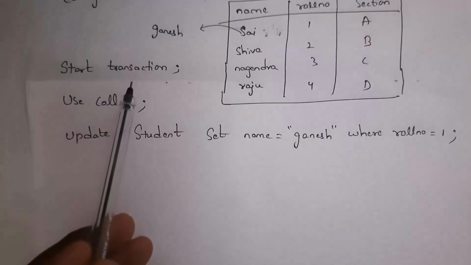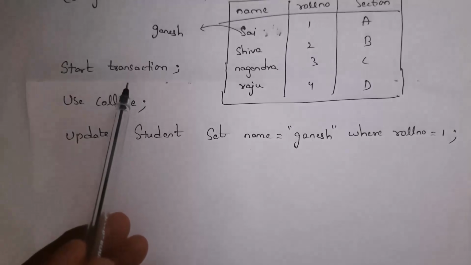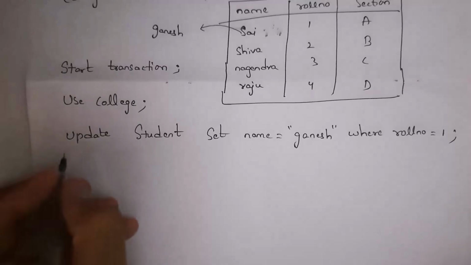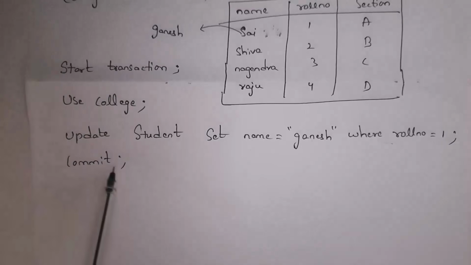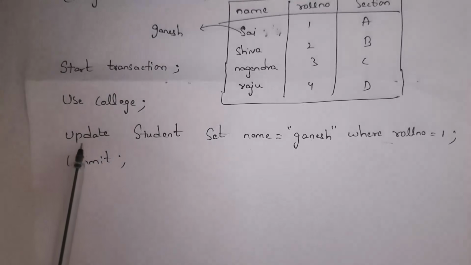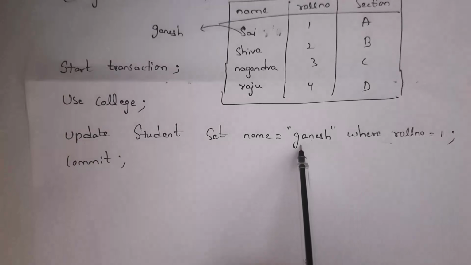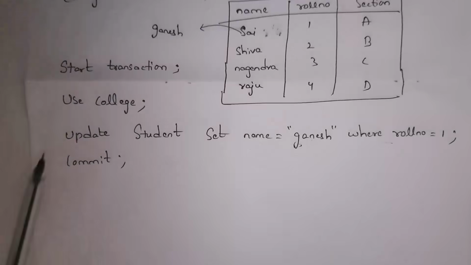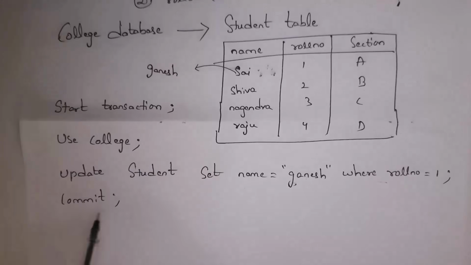Guys, whenever you start any transaction, for each and every operation you need to use commit. So after performing this operation you need to write commit. Only after writing here commit, this operation will be permanently stored in our database. That is, it will change name from Sai to Ganesh and this information is permanently stored in database only after writing commit. For example, I written this code but I did not written here commit and I closed my software.